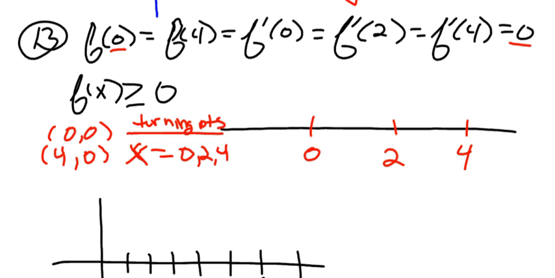But what I have here is I have to go through those points, and if that's the case, that means I have to have f of x doing something on these different intervals in order for it to turn.